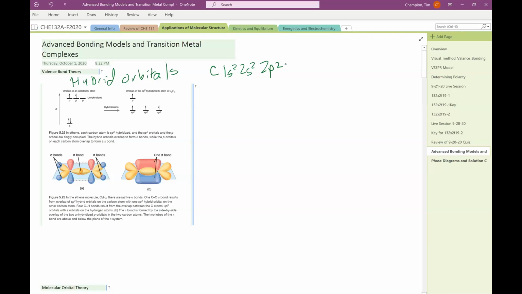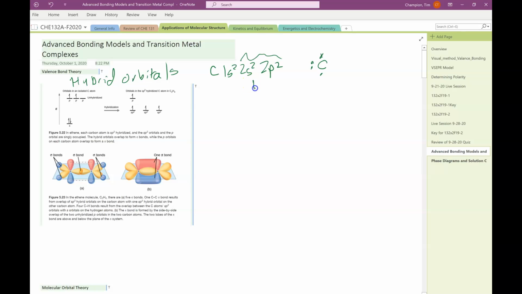If you wrote the electron dot structure of a carbon atom in that kind of way, you'd find that carbon only had 2 unpaired electrons and an empty p orbital, and so the bonding would not be what we see, which is that carbon normally forms 4 bonds.